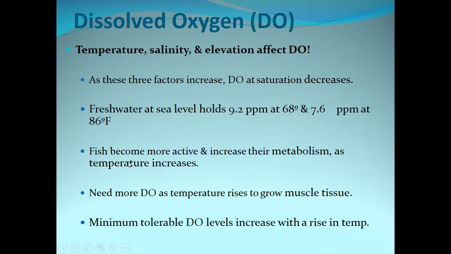The increase in metabolism also means an increased requirement for dissolved oxygen. So you see how all these things are interrelated. DO stands for dissolved oxygen. You need more dissolved oxygen as temperature rises to grow muscle tissues, etc. Minimum tolerable dissolved oxygen levels increase with a rise in temperature.